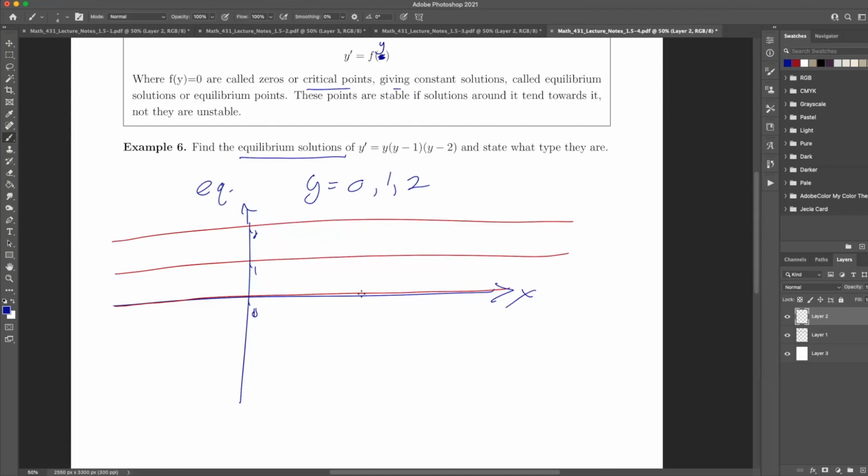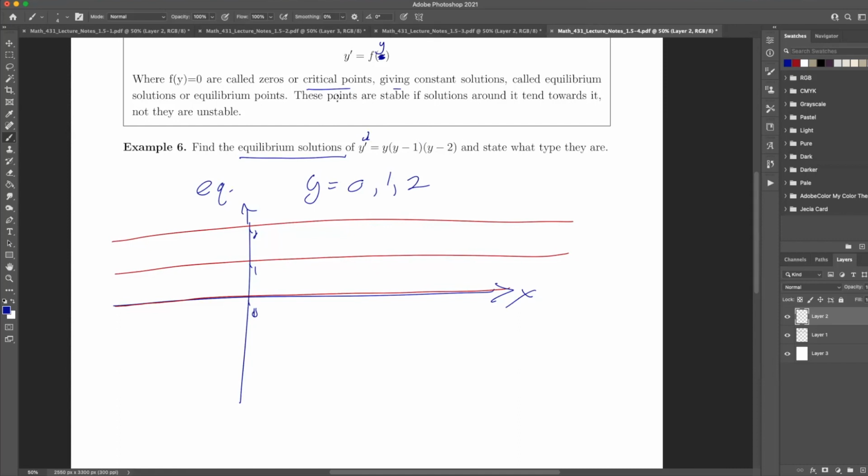These are equal, so the solution stays 0. Why? Because if this is 0, is my y ever going to change? No, my average rate of change is 0. That's what the derivative means, right? So if this equals 0, it's never going to move from that. That's what it means to be an equilibrium solution.